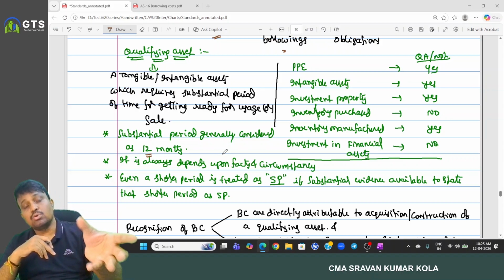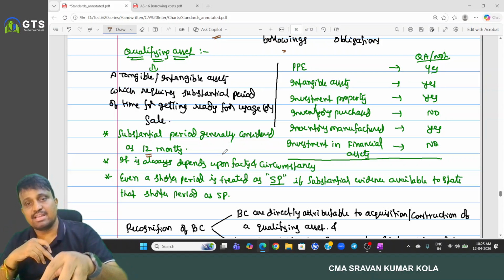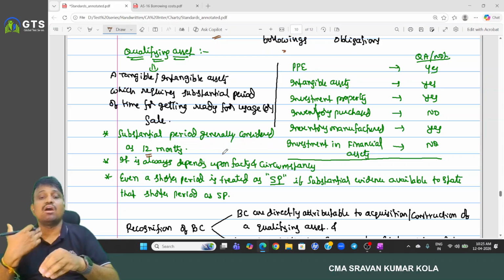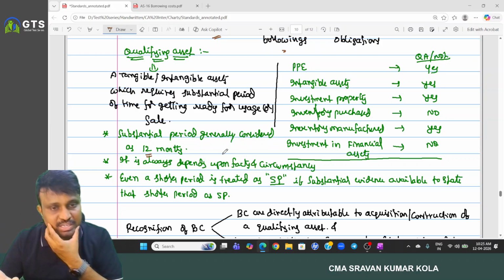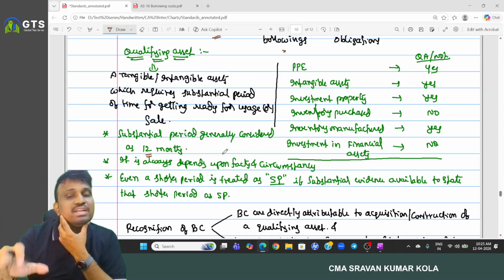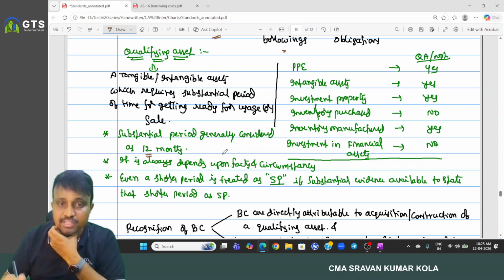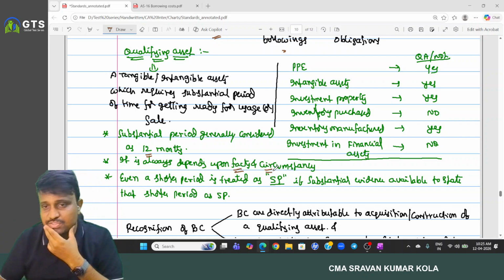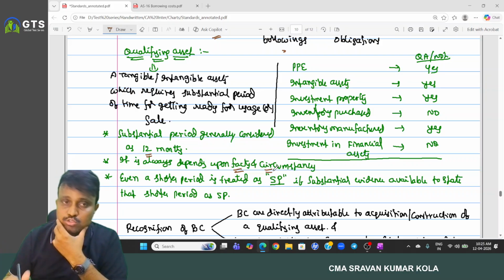Here the total construction was completed in 9 months, which is less than 12 months, but there is evidence that we are able to complete the product within the shorter period. Even that shorter period is treated as a substantial period. It always depends upon the facts and circumstances.